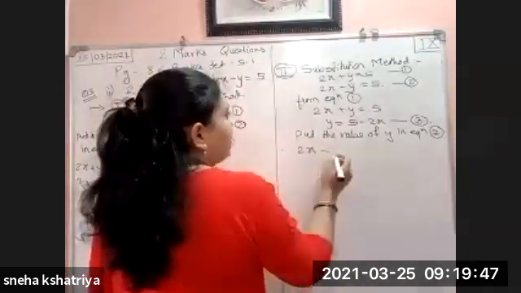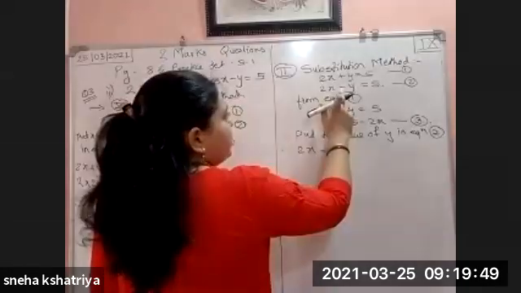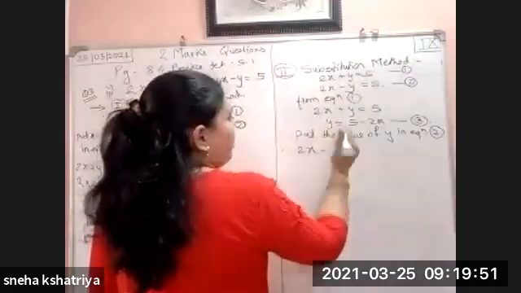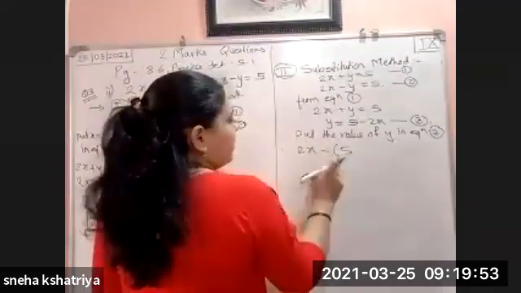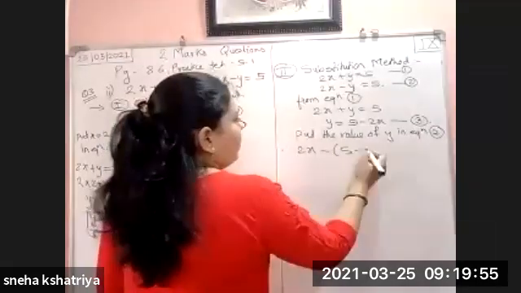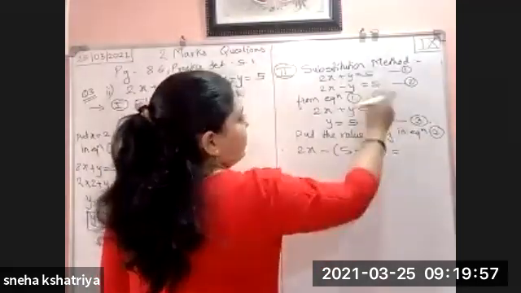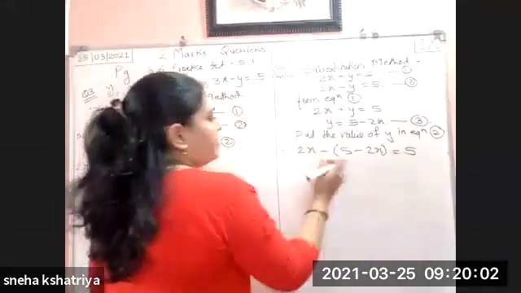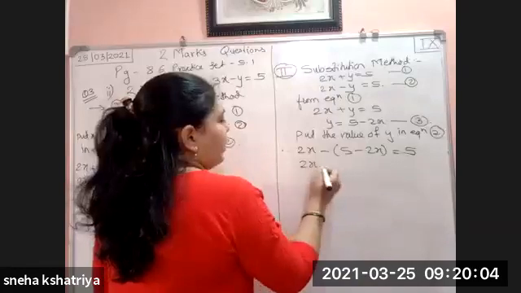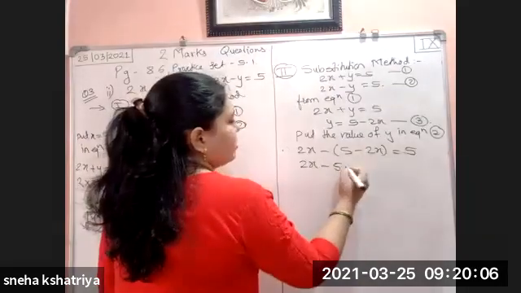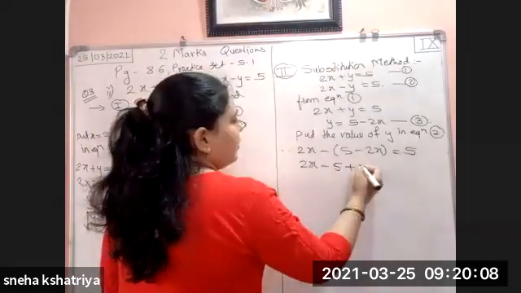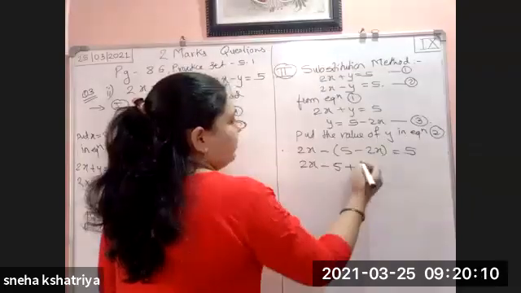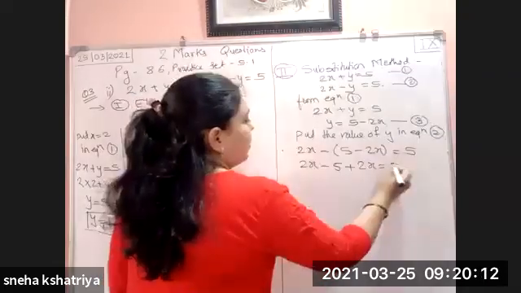Therefore, 2x minus y value is this. Minus sign is there, so put in bracket 5 minus 2x, which is equal to the right side, 5. Solve this. Minus in the bracket multiply: 2x minus 5, minus and minus will become plus, this will become plus 2x, which is equal to 5.